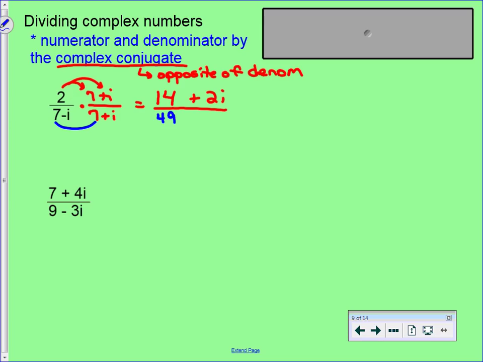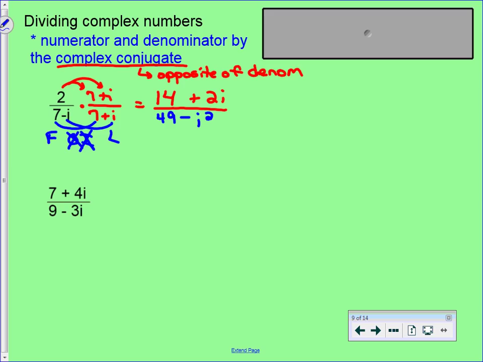But the reason that we pick the opposite in terms of the signs is that our i's will all cancel. All we have to do is the F part and the L part. The O and the I parts are the parts that cancel each other out. So we have our first and we have our last, which end up being a negative i squared in this case.